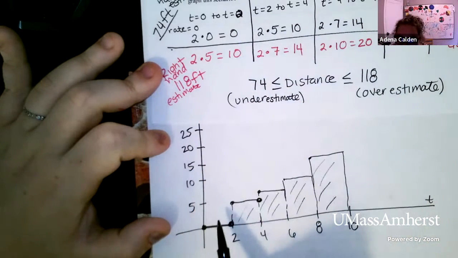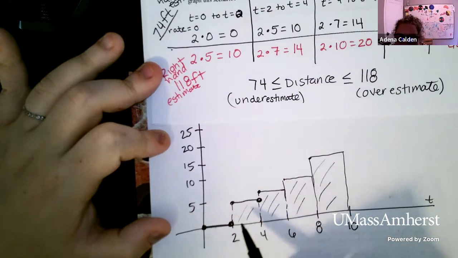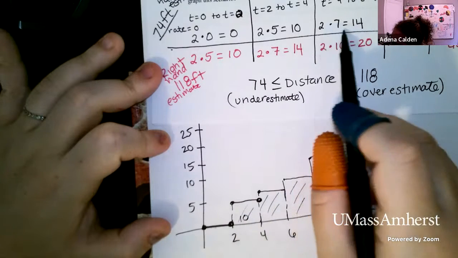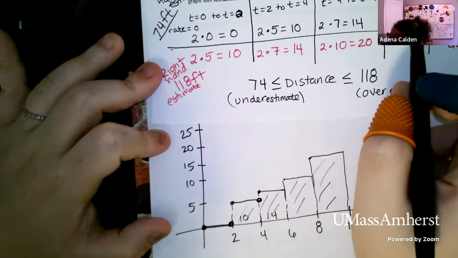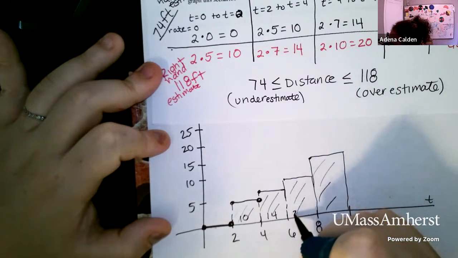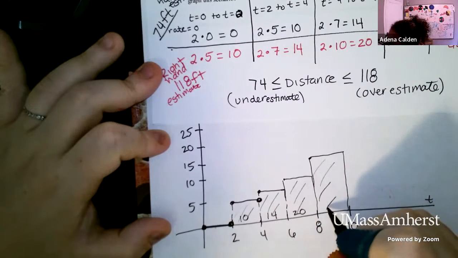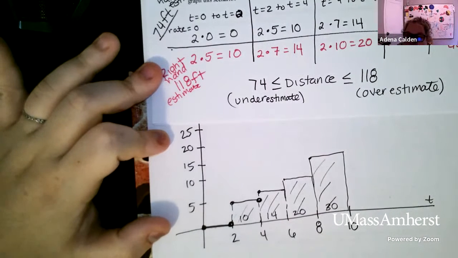So 0, this has 0 area. 10, this is 2 times 5. This was the 10. And then 2 times 7, this was the 14 that we added up. From time 6 to time 8, that was the area of 20, which is 2 times 10. And then 2 times 15 was 30. So this was our left-hand approximation.